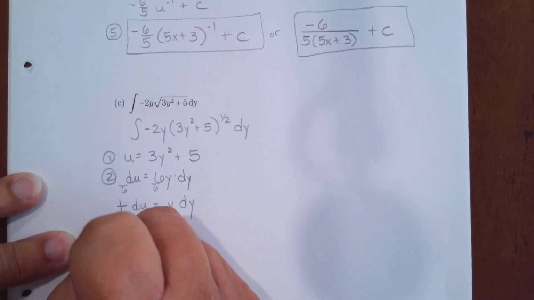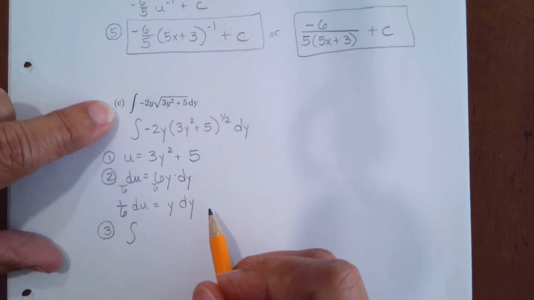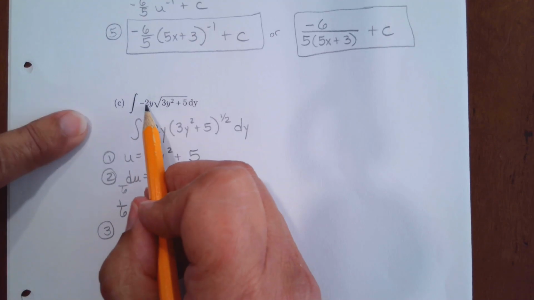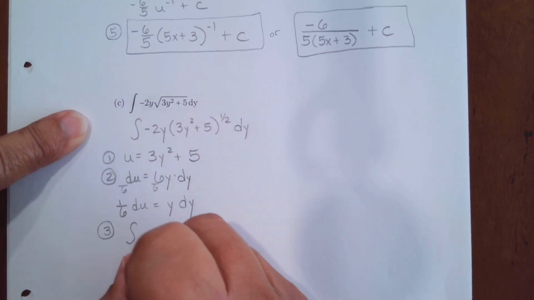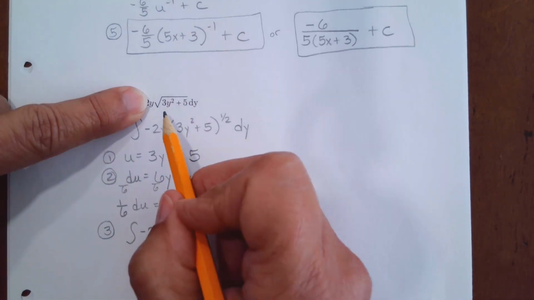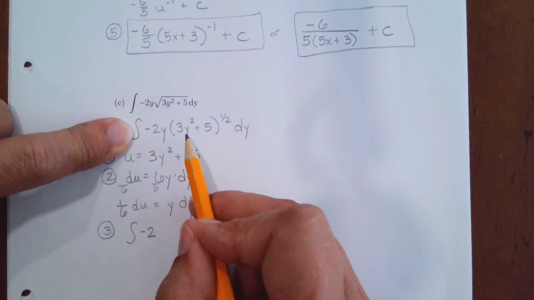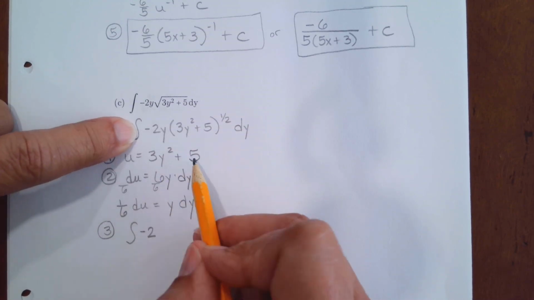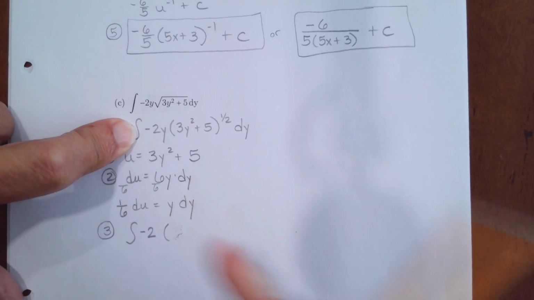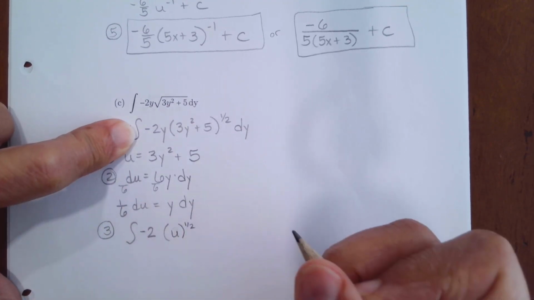All right, so now we're ready to do our integration. So let's do our u substitution now. The negative 2 is going to stay. Then we've got the 3y squared plus 5, so that's going to be u. That's going to be u to the 1/2.